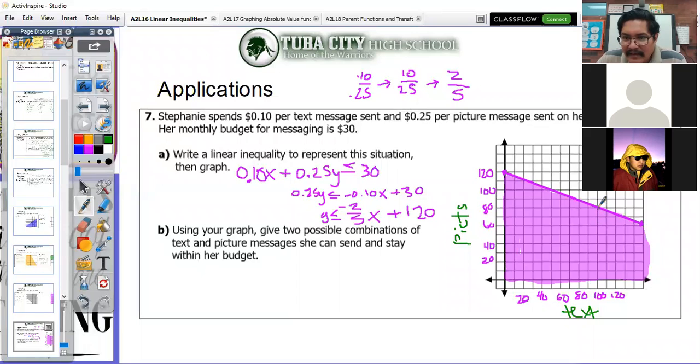What's the maximum amount that she could send and still get? All right, so let's see, text would be 100 and pictures would be 80. I'm just gonna clean these up a little bit. So that's one combination that she could use.